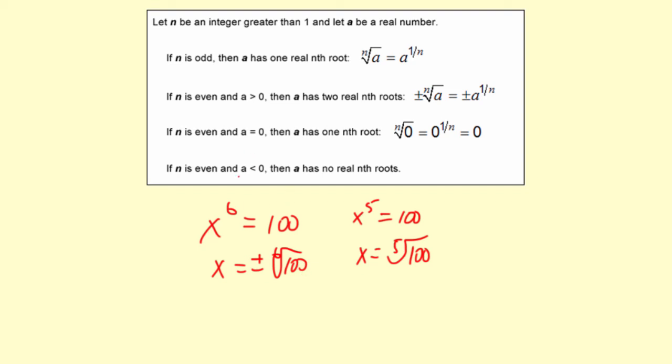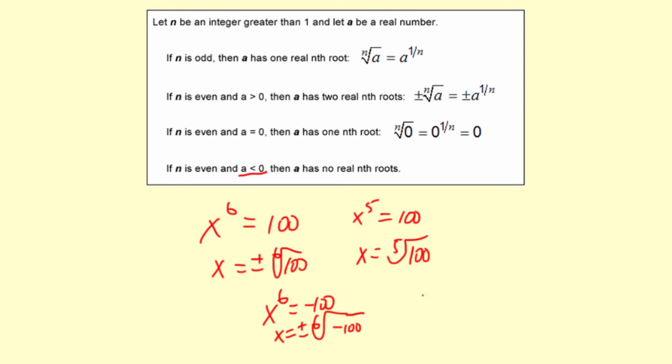And for a less than 0, well, what if you were doing x to the 6 equals negative 100? Well, if you take the 6th root of that, there's no real solution for this. There's imaginary solutions, imaginary numbers, but not real numbers.